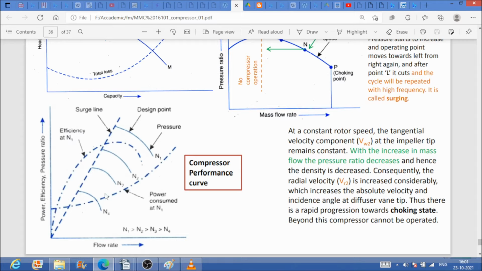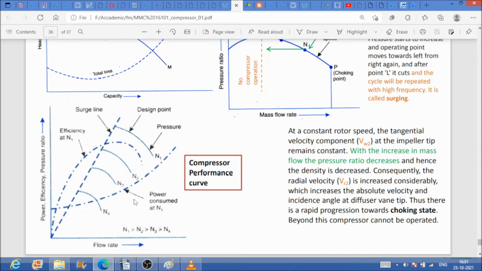Now this is power consumed. Power increases when the mass flow rate increases, and along with that speed also increases, and when that happens the power consumed also increases, and you can see the behavior of efficiency also.